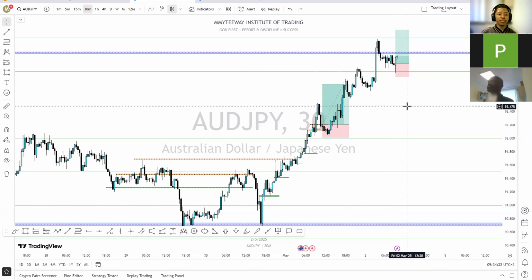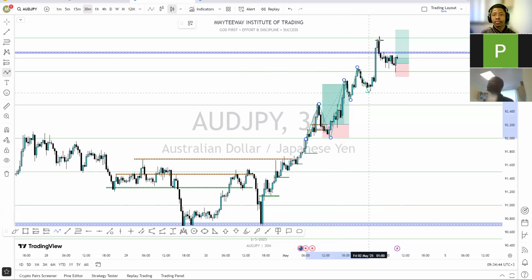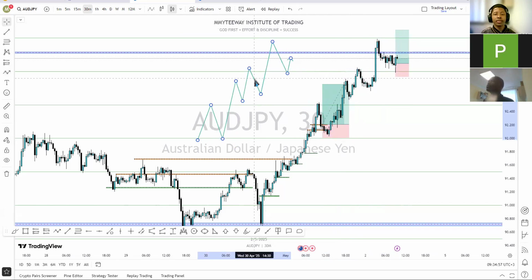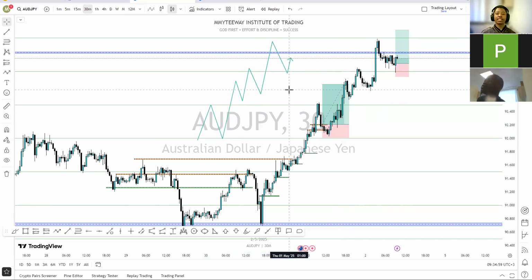So if I am to draw the chart pattern as it is, just retracing as it is, right here. Let me just draw until where it is right now. If I move this aside, we can see that we have a clear market structure.